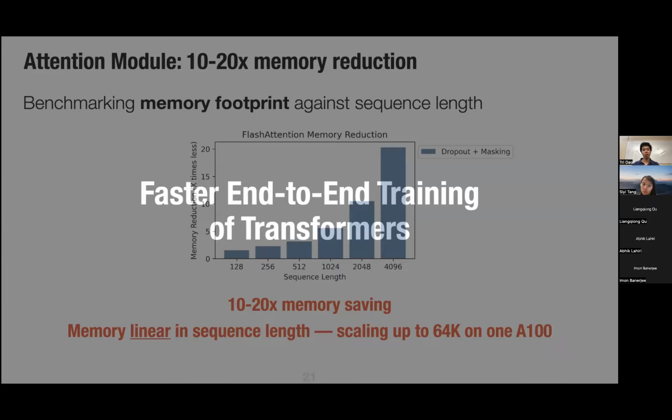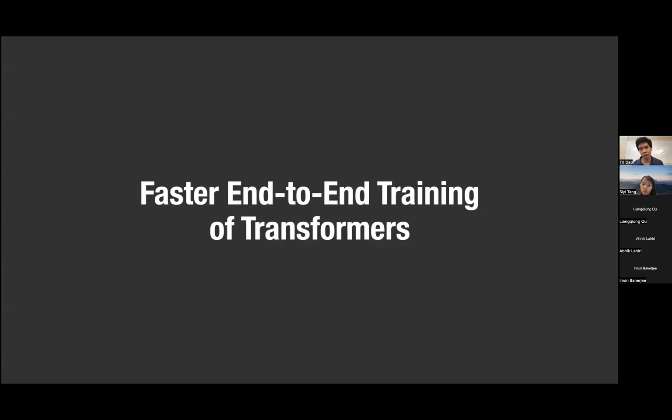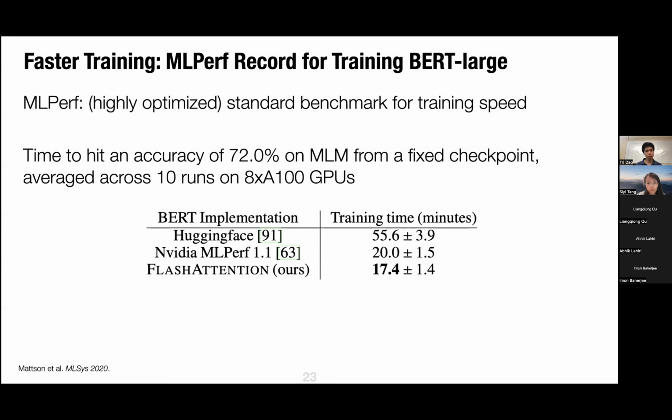All right, so now we're going to plug FlashAttention into a model, and we're going to train end-to-end, and we'll see that it leads to faster end-to-end training. So the first one we want to compare is BERT-large. It's an extremely commonly used model. And the benchmark we're going to use is MLPerf, which is a highly optimized standard benchmark for training speed.